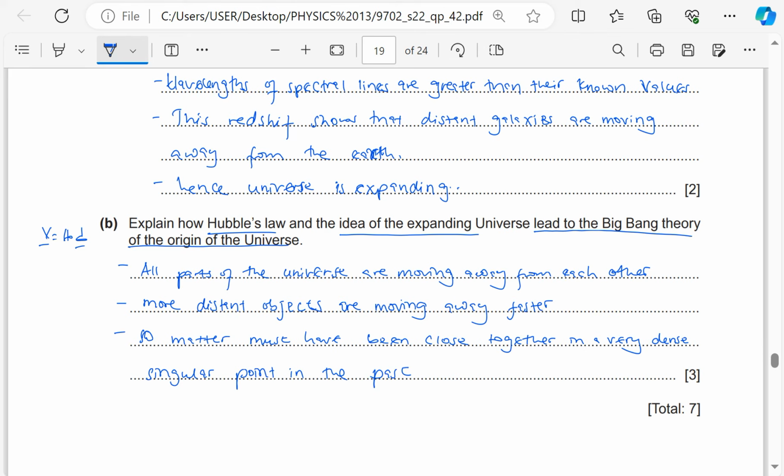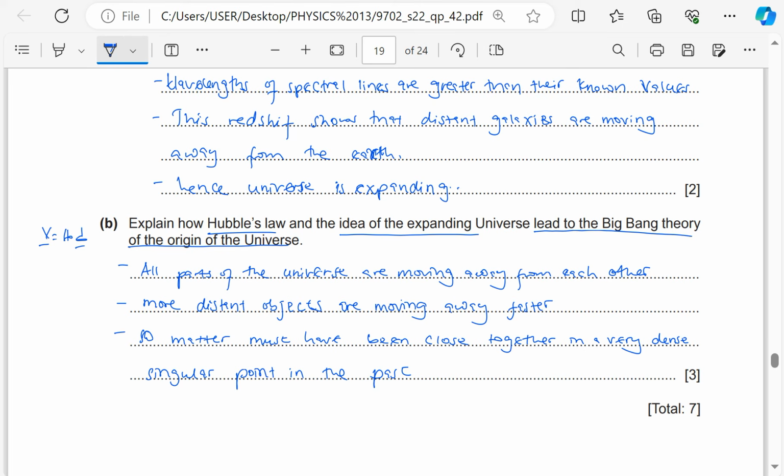Because remember, the Big Bang theory predicts that the universe started as a small, dense, singular point, which tremendously started expanding. And during the expansion, the density started decreasing and the temperature also started decreasing. And then, of course, the expansion is still going on.